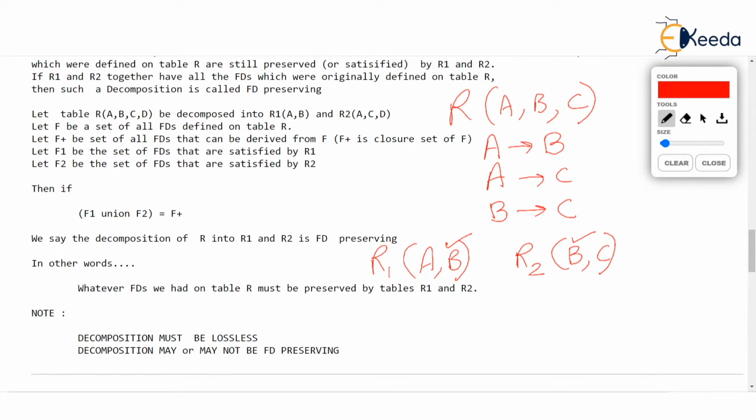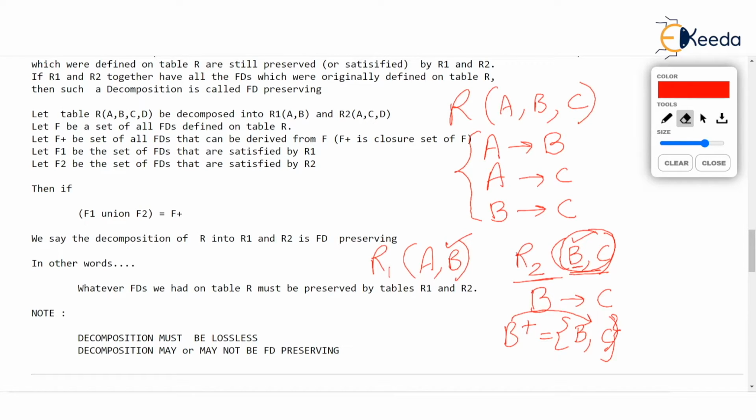Now you watch that for R2, there are two attributes B and C, and from the dependencies given on the original table, we know that B determines C. That means B closure is going to contain B, of course, and C, because B determines C. So B can determine all the attributes of R2. So B is the candidate key and B is the common attribute. The common attribute must be a candidate key in at least one of the tables, isn't it? Hence, this particular decomposition is lossless. I hope you have understood that.